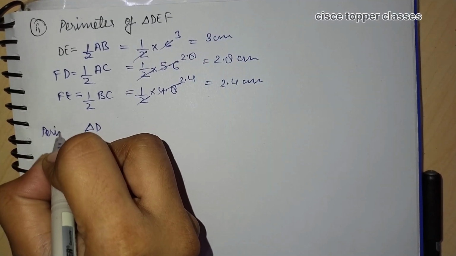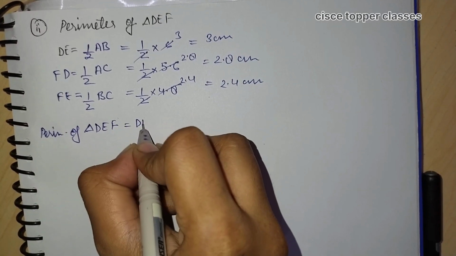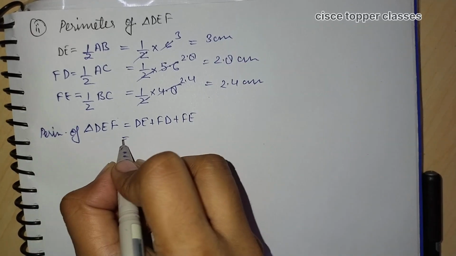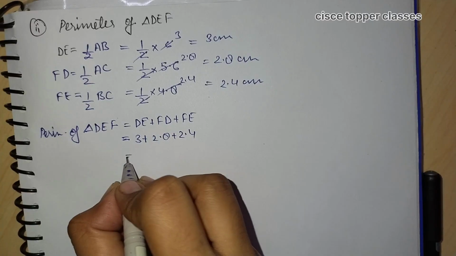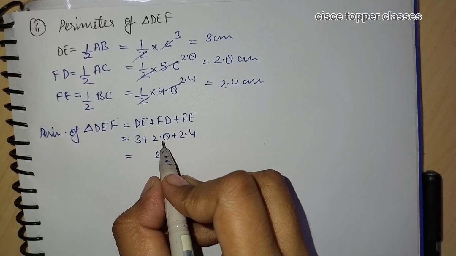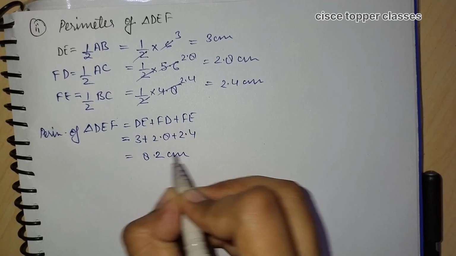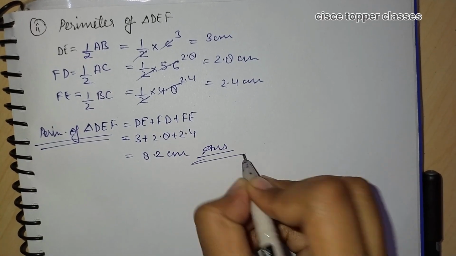So the perimeter of triangle DEF is equal to DE plus FD plus FE. We will add 3 plus 2.8 plus 2.4. So this will be 8.2 centimeter, the perimeter of triangle DEF. So this is the answer of the second part here.